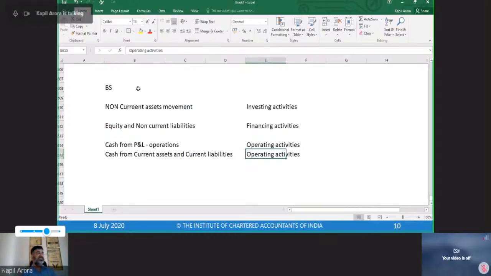Exactly, Diksha, if you are thinking in the right terms: if you are a borrower, it is financing activities; if you are an investor or lender, then it is investing activities.